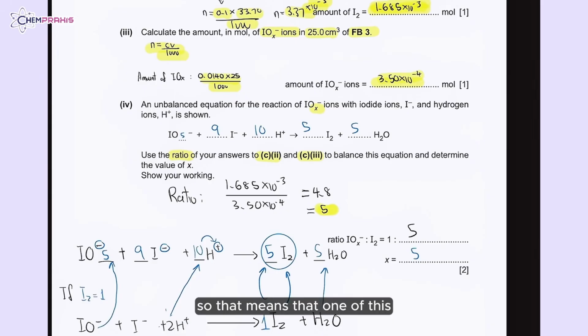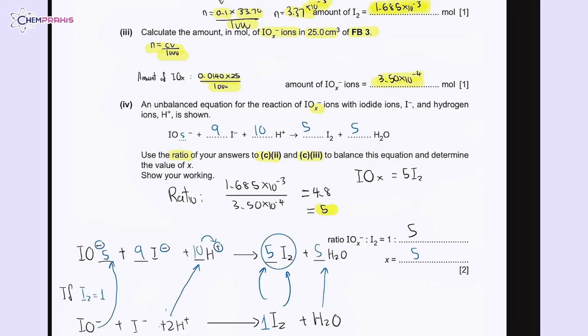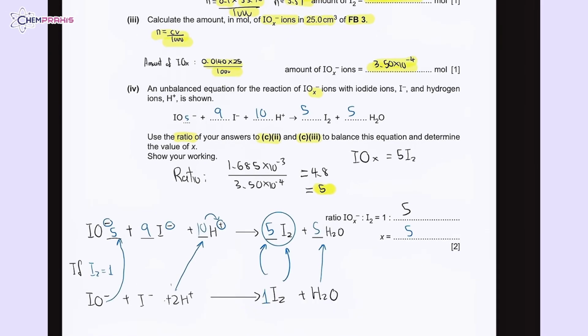So that means that for one of this ion, you need to have 5 iodine. If you look down here, if iodine is just 1 only, this is the equation.